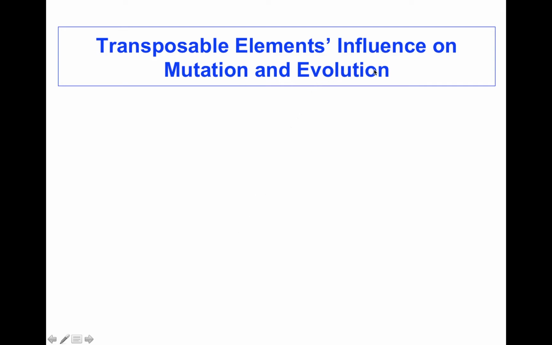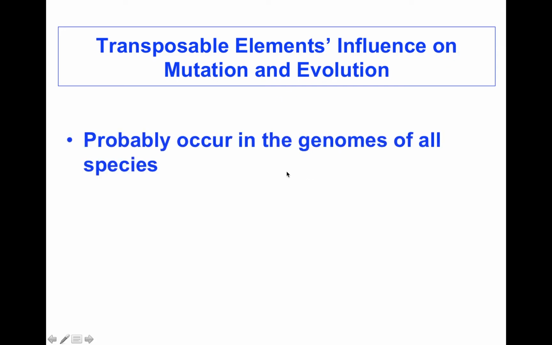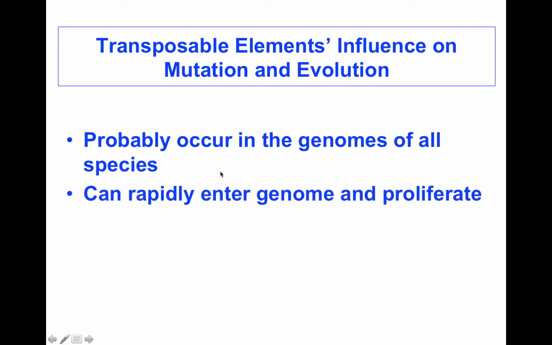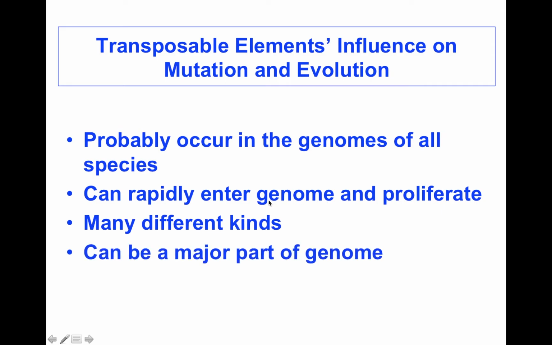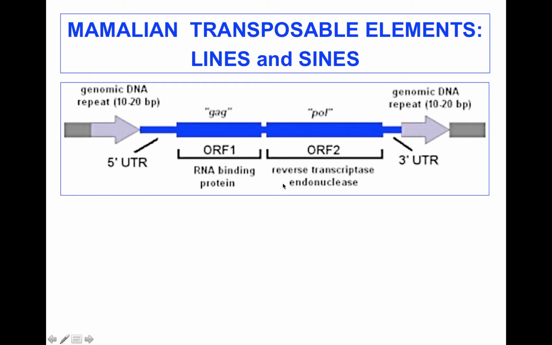Transposable elements have influence on mutation and evolution. They probably occur in the genomes of all species. So far, we haven't been able to find genomes that don't have them. They can rapidly enter genomes and proliferate. There are many different kinds, and they can be a major part of the genome, as we had already seen. Mammalian transposable elements in humans are called LINEs and SINEs.